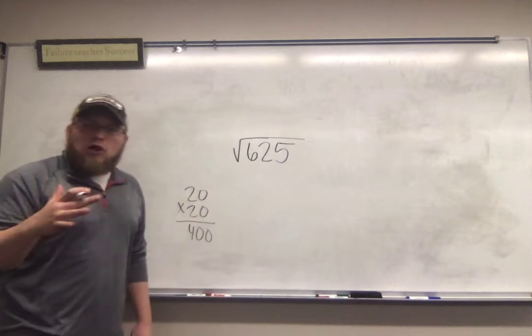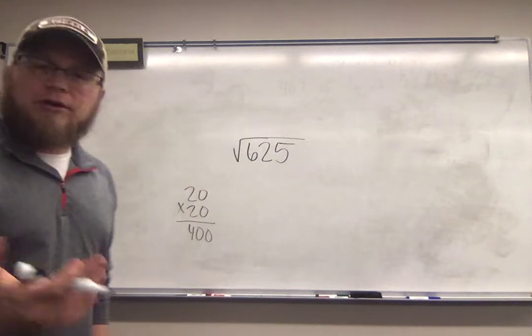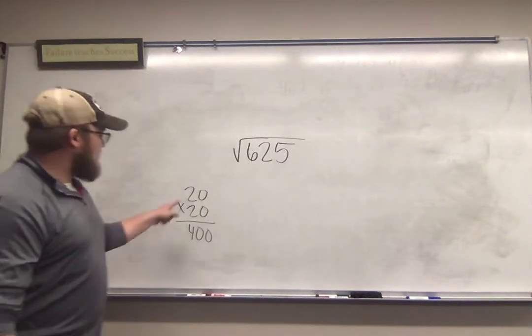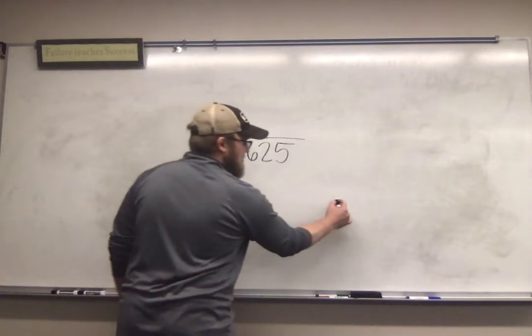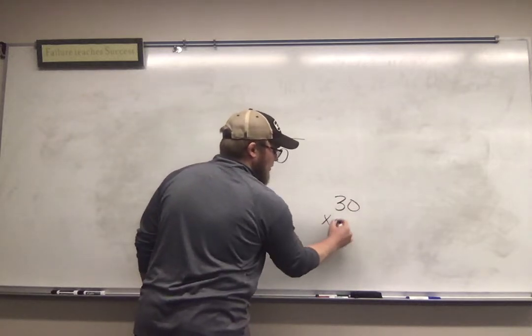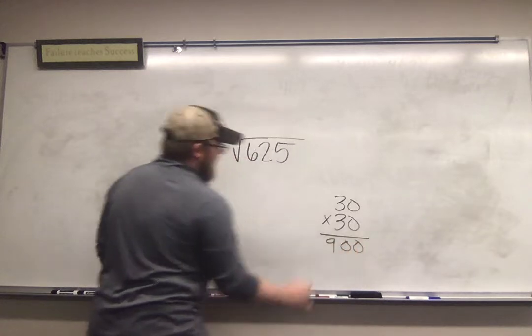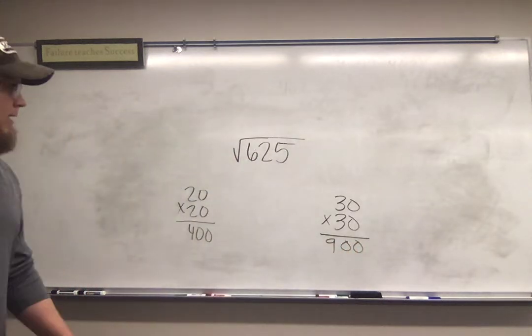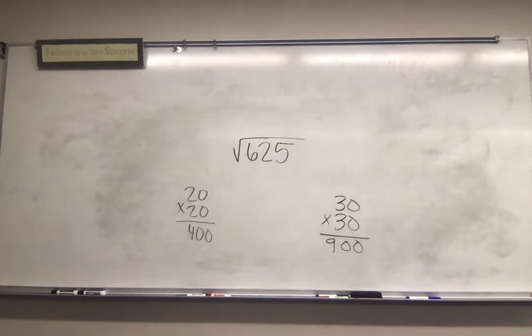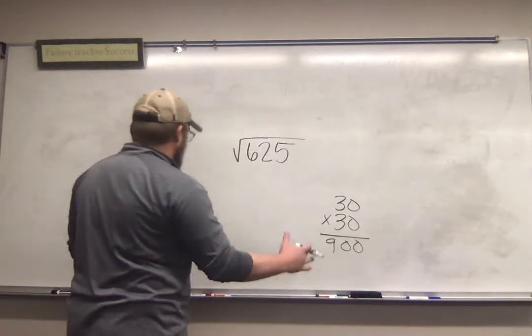That's somewhat close. We're getting closer. Okay, let's just try, instead of doing 20 times 20, let's do 30 times 30. Well, that's 900. We've got it in between the ballpark, okay?